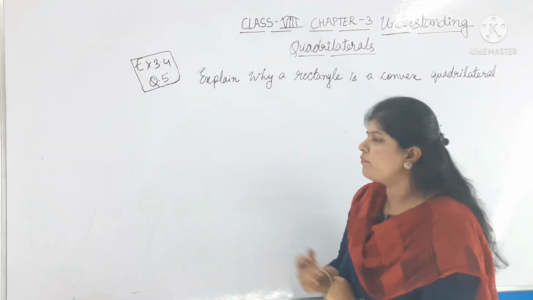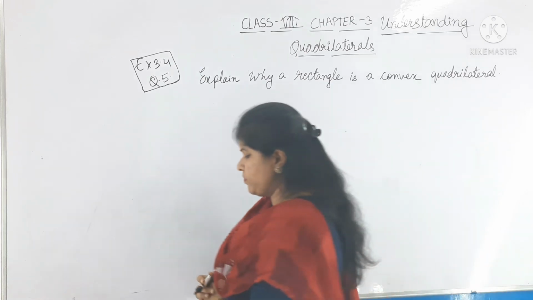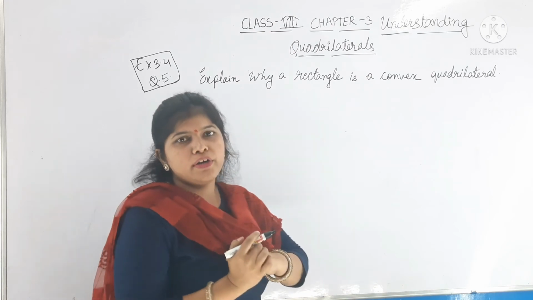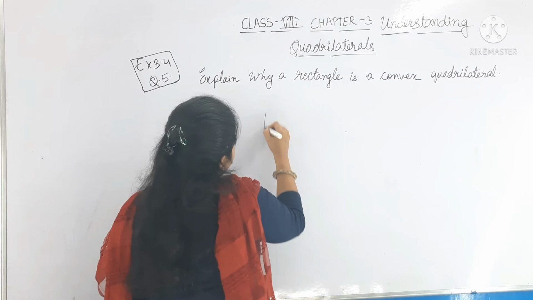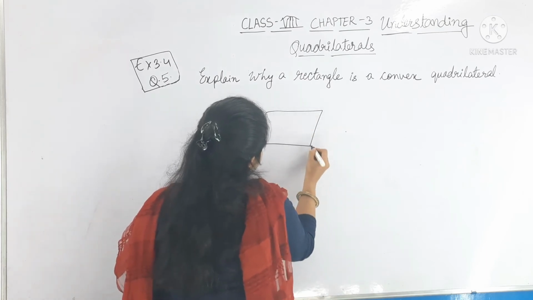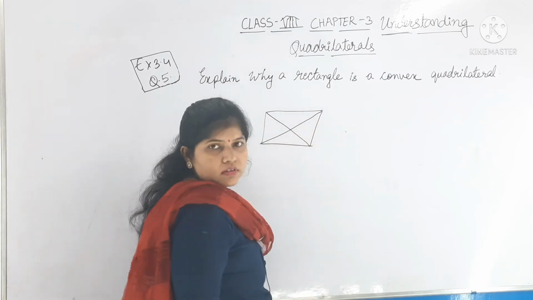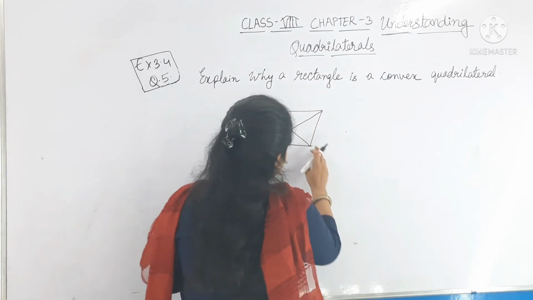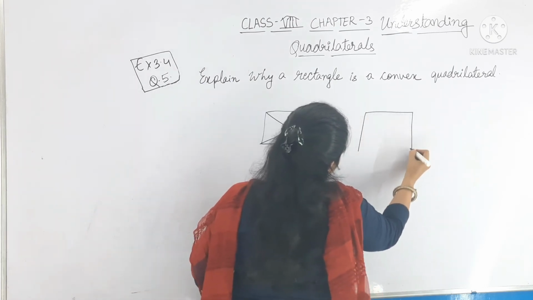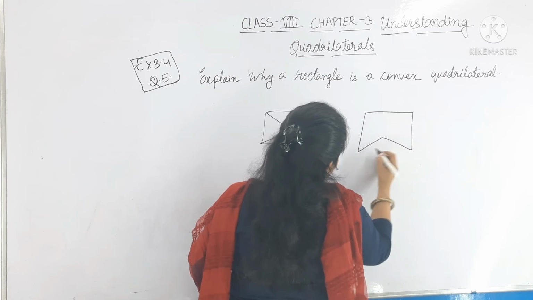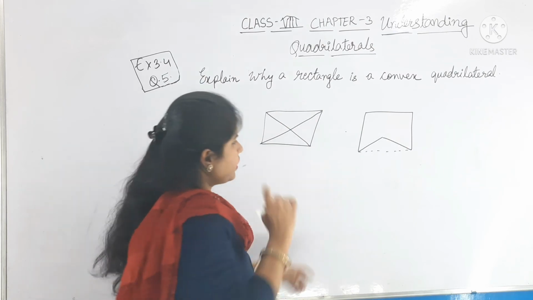Now move to question number 5. Explain why a rectangle is a convex quadrilateral. We had seen in exercise 3.1 the convex quadrilateral and concave quadrilateral. This is a convex quadrilateral whose diagonals lie inside the figure. And this is a concave quadrilateral whose diagonals lie outside the figure.